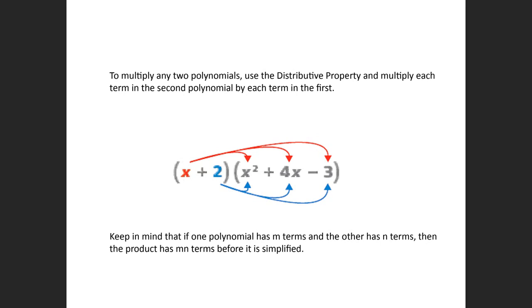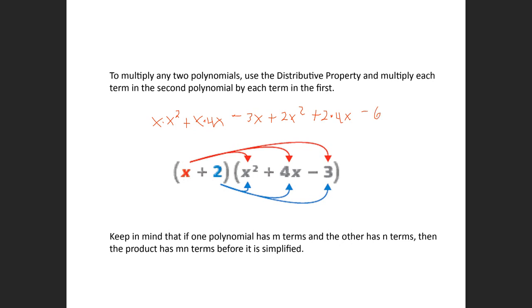So if I did that, and some kids write it all out, which is perfectly fine, I'd end up with x times x squared plus x times 4x minus 3x. And then I'm going to do the 2 also, so that's going to be 2 times x squared plus 2 times 4x minus 2 times 3, which is 6.